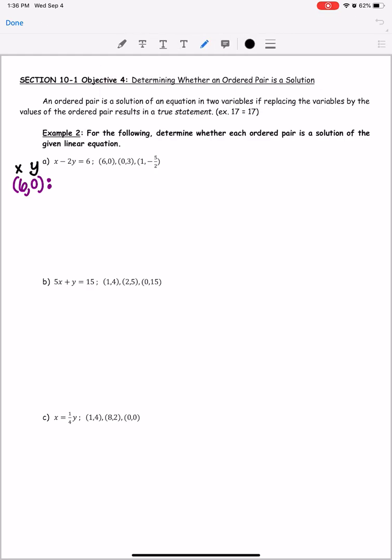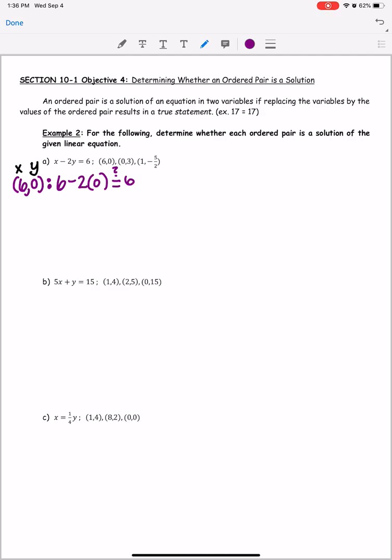So that means you are plugging in this equation here a 6 for your x and a 0 for your y. You have 2 variables, and they're telling you what both of those variables equal as an ordered pair. So you've got x minus, my x is 6, so 6 minus 2 times y, my y is 0. And we want to know, does that equal 6?